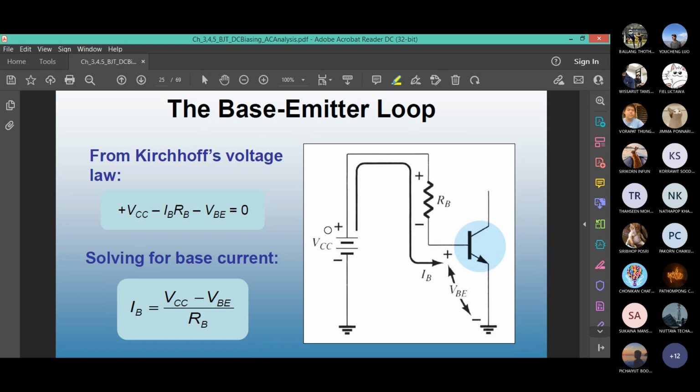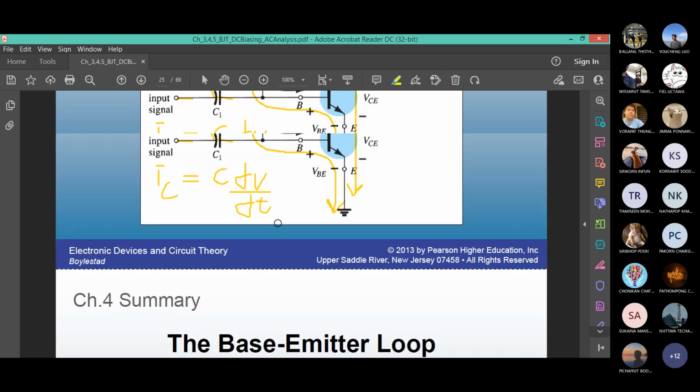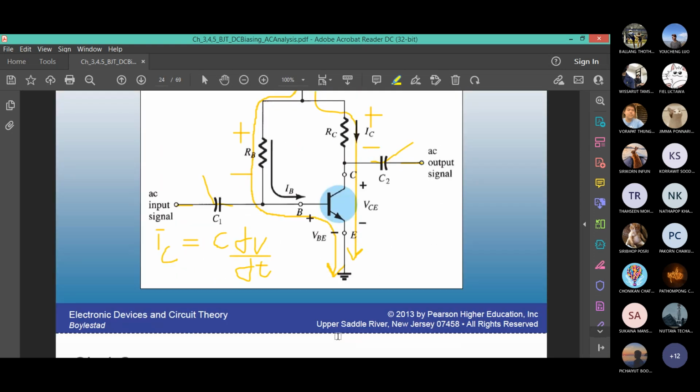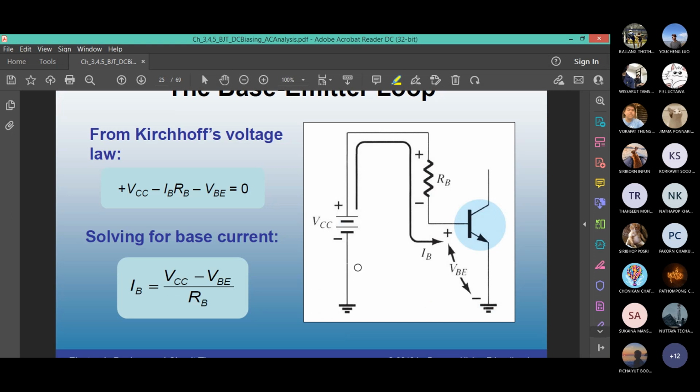So for the input base emitter loop, you can rewrite the circuit like this: VCC minus IBRB minus VBE equals 0. Never forget the VBE. From this, you know the value of IB. VCC normally is given, VBE is 0.7, and from the circuit you can see the value of the resistor.